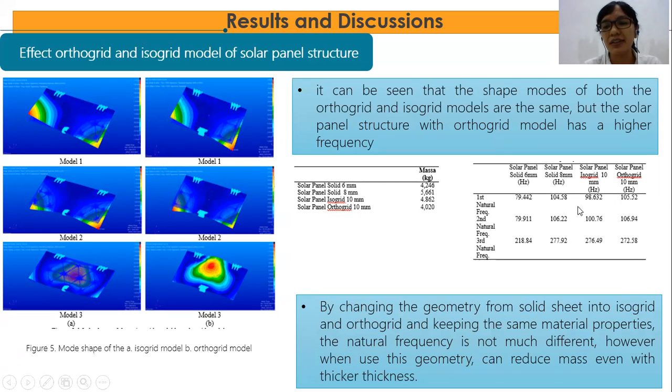However, using this geometry can reduce mass. We can see the mass is decreased even with thicker thickness. As I said before, the thickness of this model is 10 mm, but it has lighter mass.